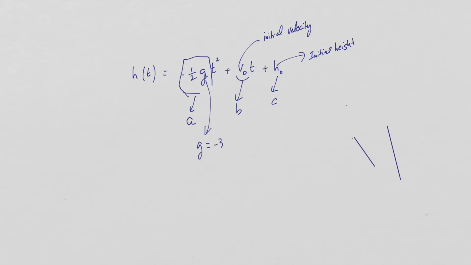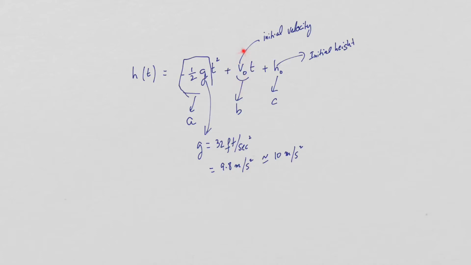I believe it's 32 feet per second squared, or sometimes we say 9.8 meters per second squared. And sometimes you see 10 meters per second squared. It's just a constant, but it depends on the location where you are in the world. In any case, for a free fall object, we know what G is, so that's why you see sometimes in books -16 or -5 t squared, because they're just replacing G by its value.